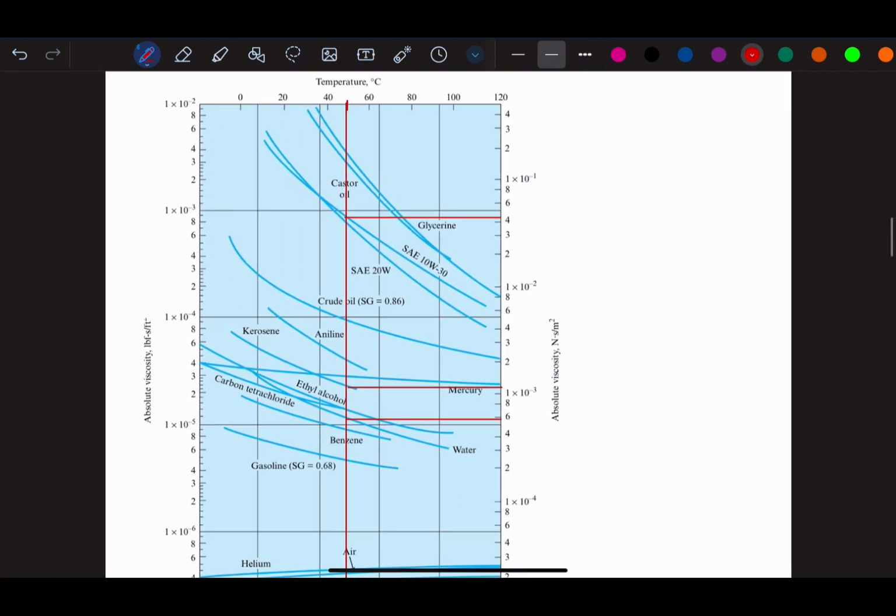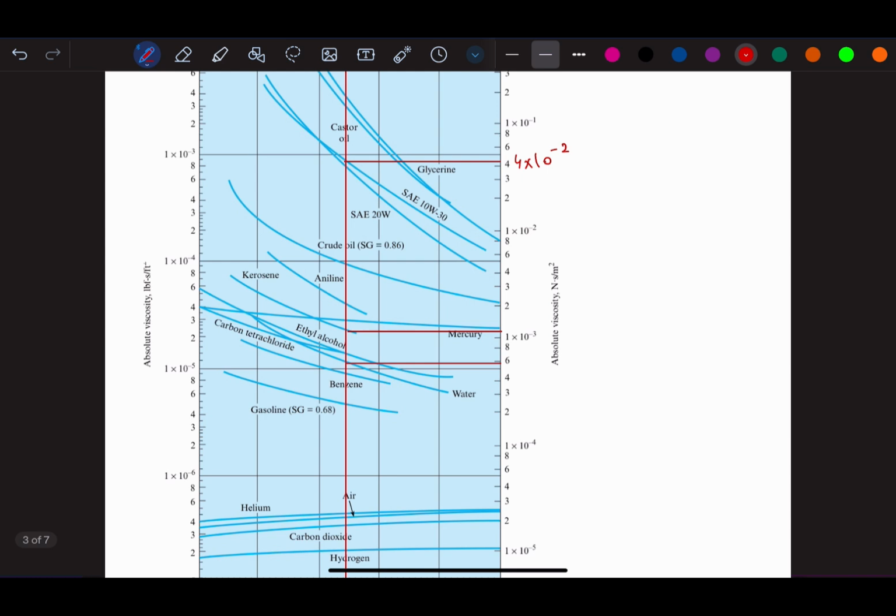Similarly, we are going to draw the 50 Celsius line, which is here. Then we have the curve for motor oil, kerosene, and water here. So let's say this is 4 times 10 to the power of 2 for motor oil. For kerosene, we can say almost 1.